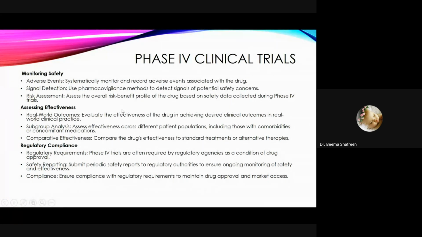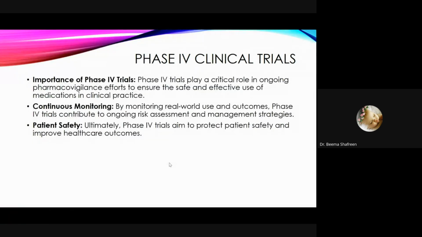After assessing the effectiveness and the real-world outcomes, subgroup analysis, and comparative effectiveness, it will enter into regulatory compliance. In regulatory compliance, the regulatory agencies will sit together and discuss the drug's approval, and the final approval and the safety reporting will be given by the regulatory authorities for the ongoing monitoring of safety and effectiveness. And finally, the drug will be approved by them, and it will be taken to the market for access. So the importance of this Phase 4 trial is critical, and it is a pharmacovigilance effort.